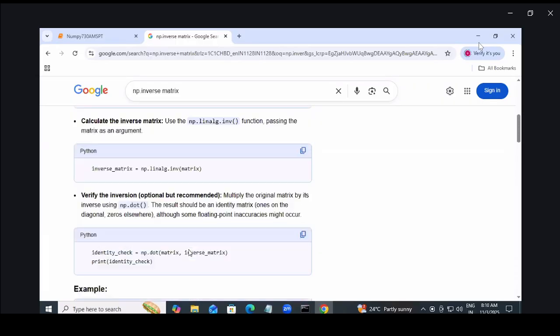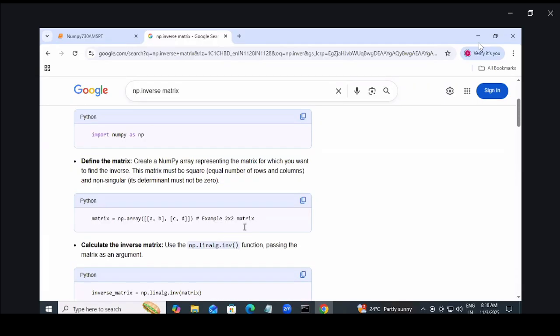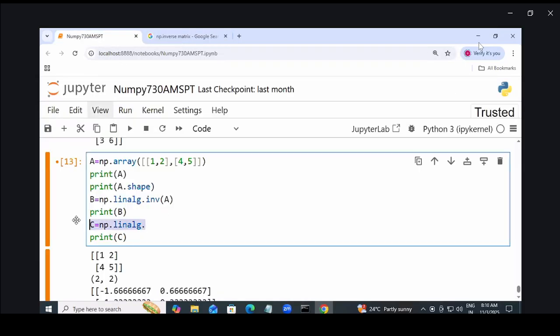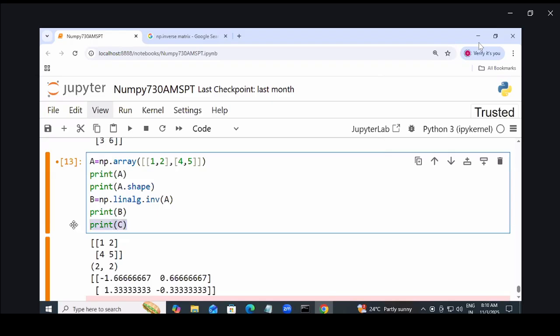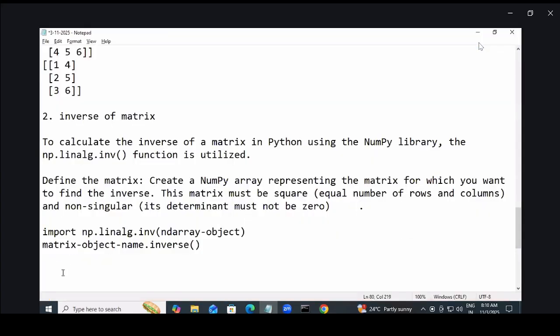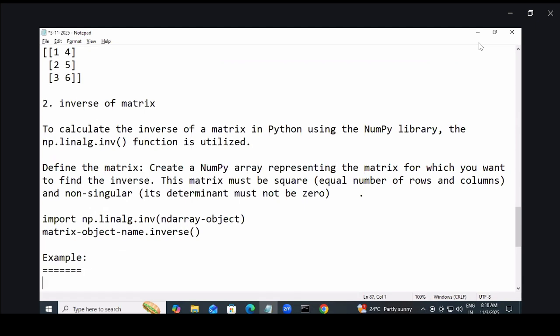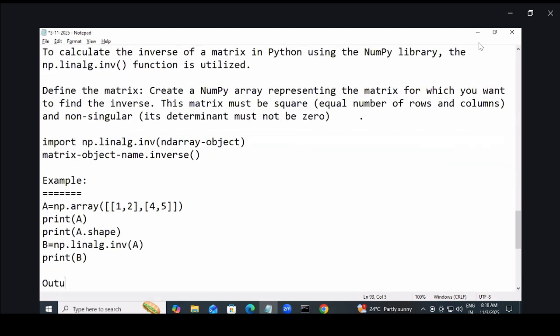You can also use the attribute T. So this is the inverse of the matrix, and you can find it by just using one method called inverse. So this is a simple example.